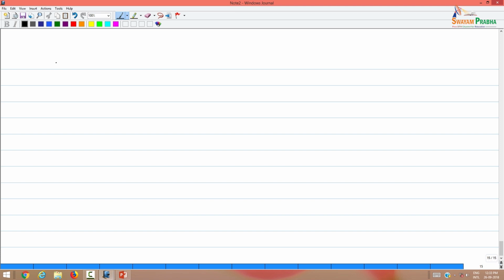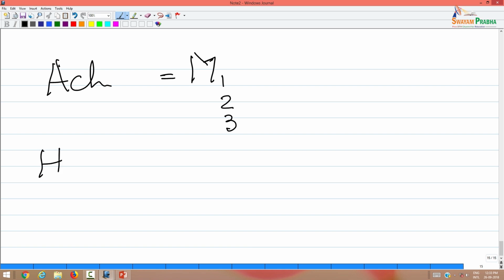If you have a full agonist like acetylcholine, which acts on the muscarinic receptor, it may act on different types of muscarinic receptors, M1, M2, M3. Histamine, likewise, may act on the histamine H1 receptor and H2 receptor.